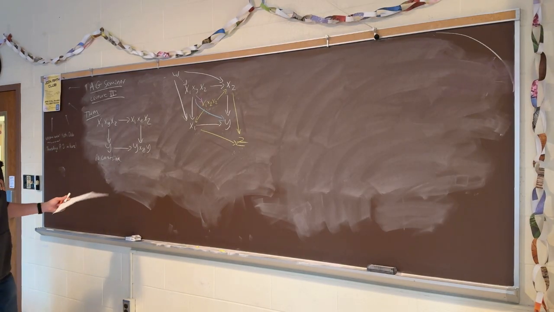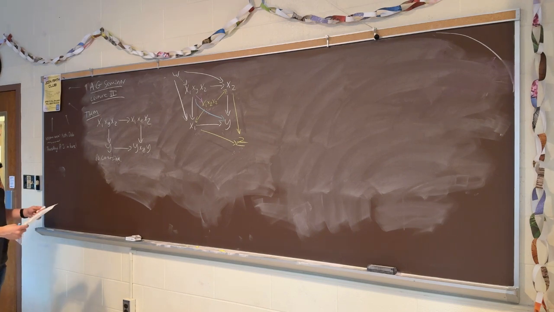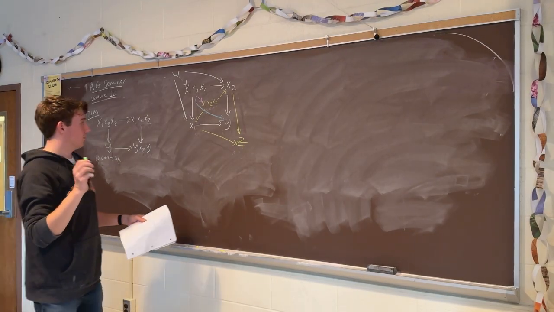But we also need to establish the diagonal morphism of y with itself through z. Well, what does that mean we need? It means we need a fourth color.